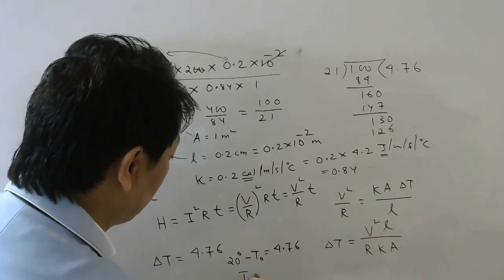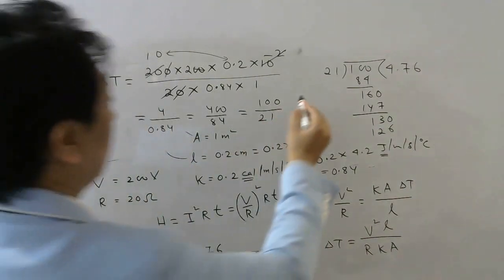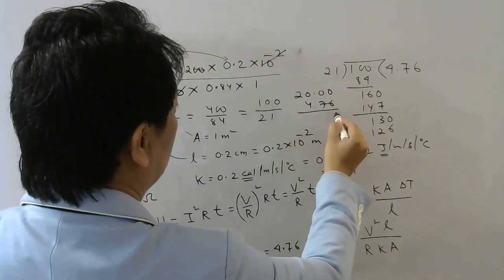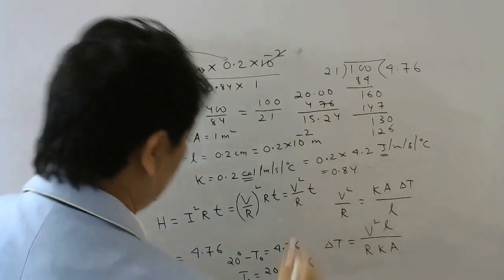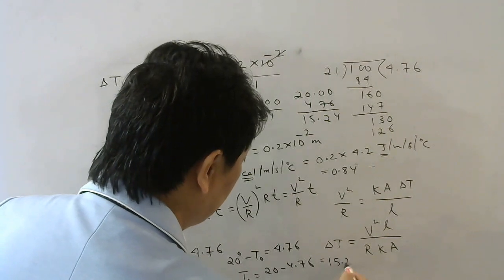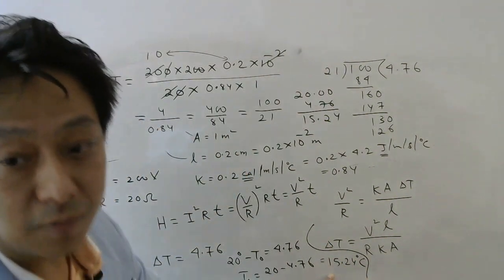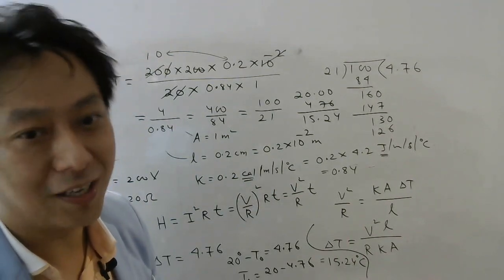So your T naught will be 20 minus 4.76. That will give you 15.24 degrees Celsius. So this would be the answer for the temperature outside, 15.24 degrees Celsius.